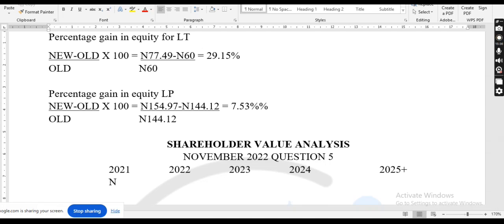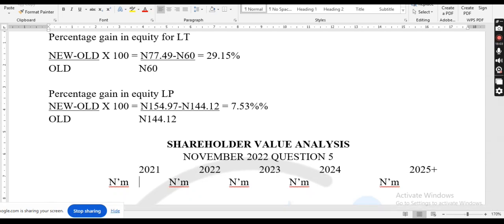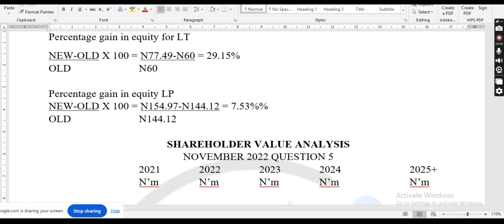So we can have something like this. Please, presentation. Always present your work very well. Now, what is the sales growth? The sales will increase by how many percent?